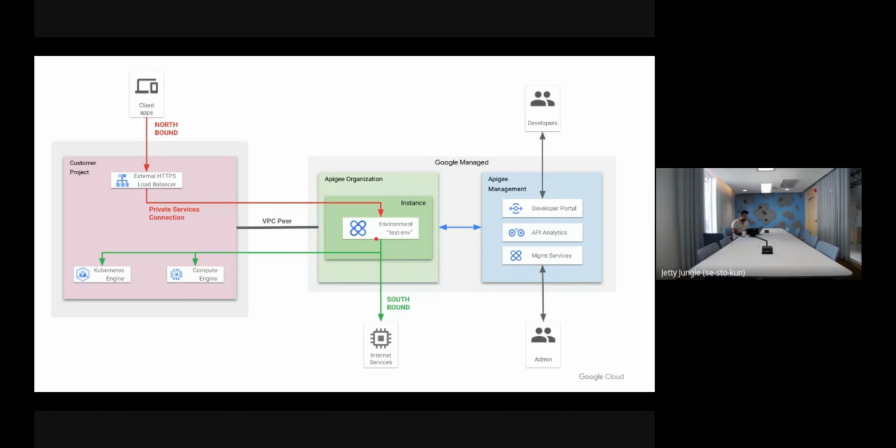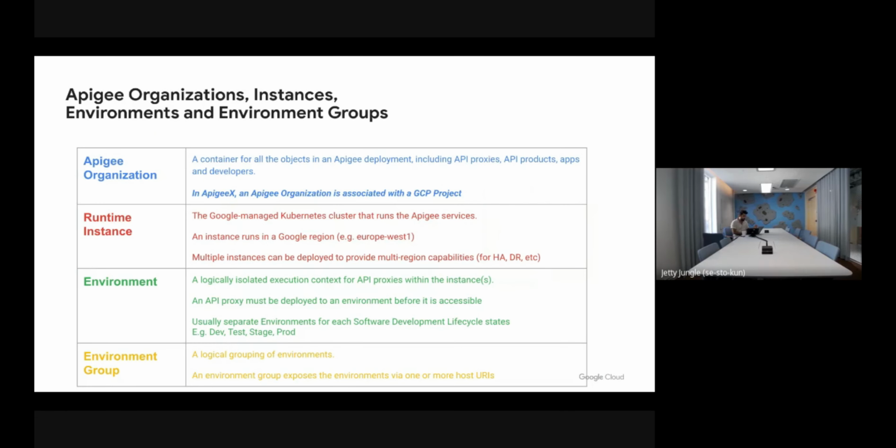Or if you have any internal backend services within Google Cloud, the traffic would go directly to these internal backend services within GCP. So this is how the architecture would look when you provision an instance.